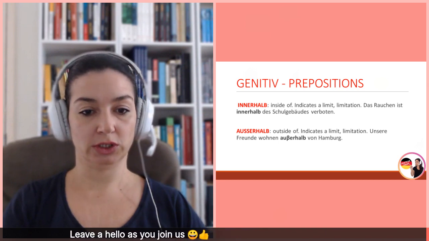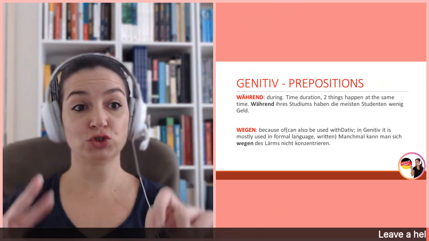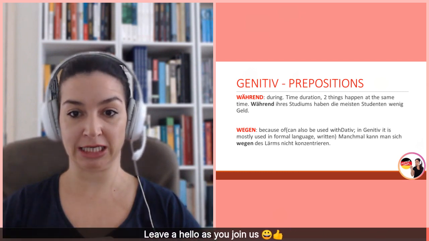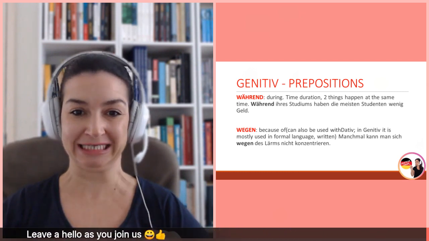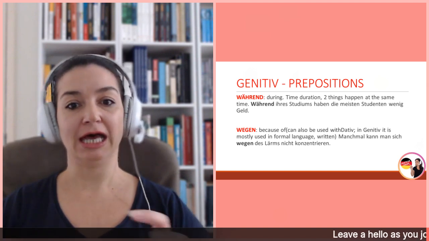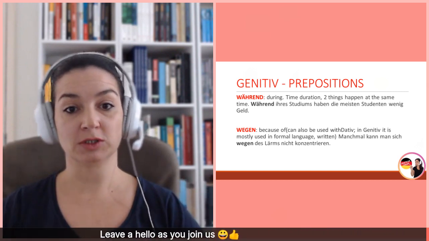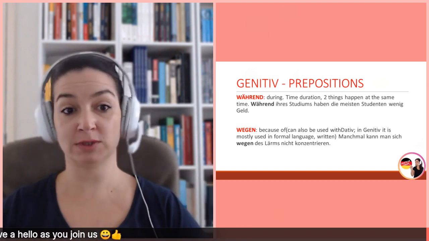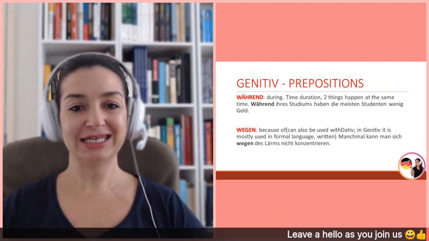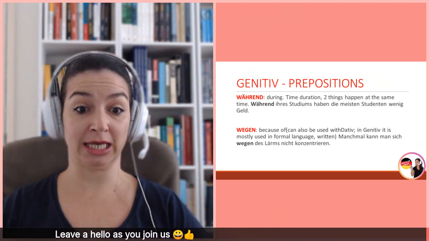Let's continue. Here we have the two most used prepositions that require genitive, so pay attention, please. Während means during, a time duration. Usually two things happen at the same time, because while something was happening, the other thing was happening too. Example: Während ihres Studiums haben die meisten Studenten wenig Geld.